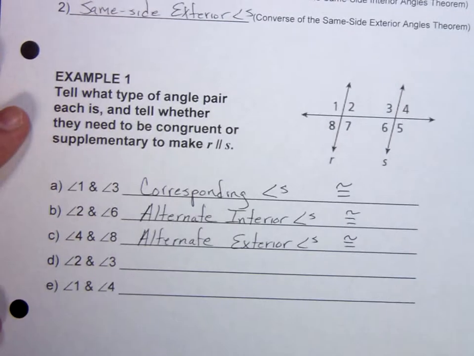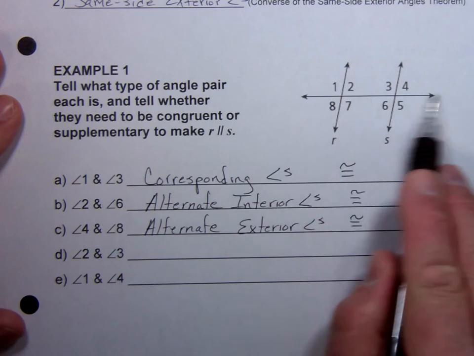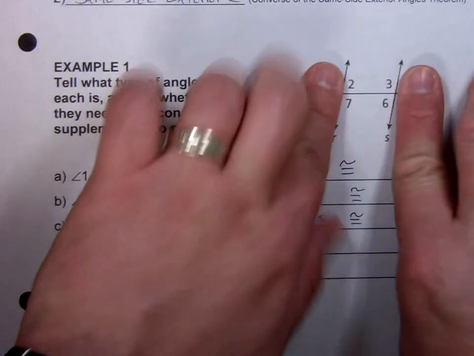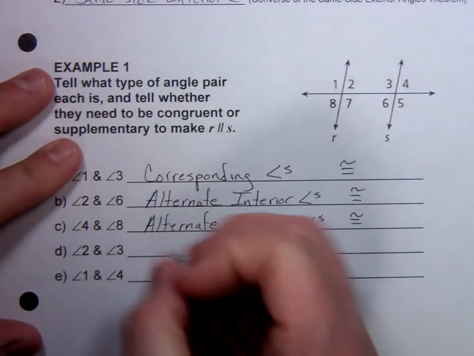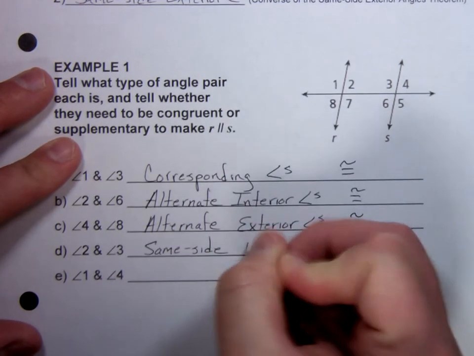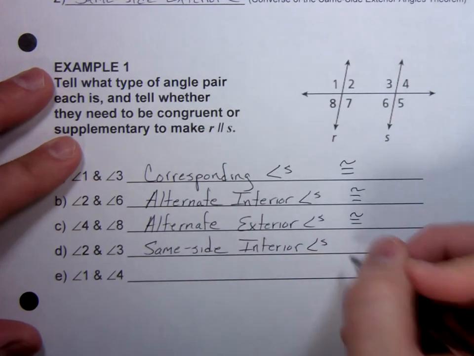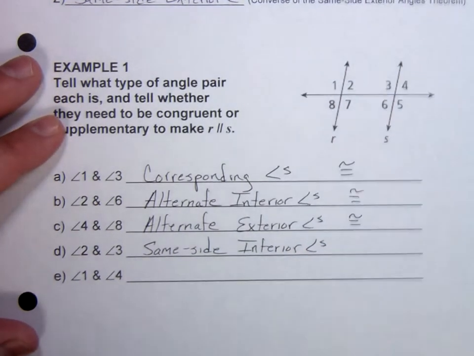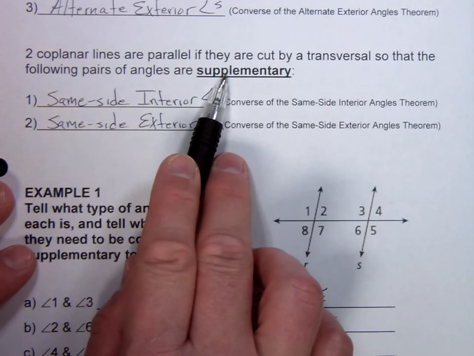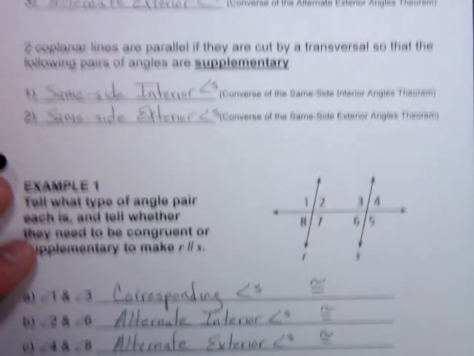Okay. Angles 2 and 3. Angles 2 and 3 are both on the same side of this transversal, and they're in between the two lines, so they're interior. So same side interior angles. Now, same side interior angles need to be supplementary for those two lines to be parallel.